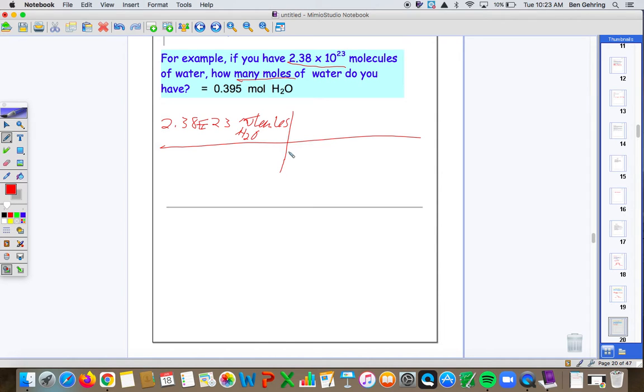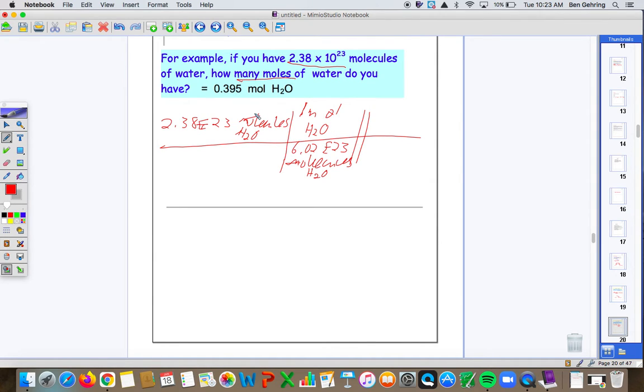So remember, this one goes on bottom. My Avogadro's number here is 6.02 times 10 to the 23rd molecules H2O for 1 mole of H2O. And when I calculate that out, I should get 0.395.